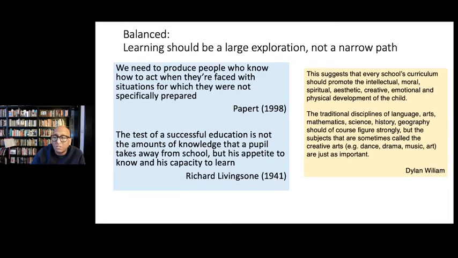This suggests, Dylan Wiliam adds, that every school's curriculum should promote the intellectual, moral, spiritual, aesthetic, creative, emotional, and physical development of the child. The traditional disciplines of language, arts, mathematics, science, history, geography should, of course, figure strongly, but the subjects that are sometimes called the creative arts, dance, drama, music, art, are just as important. And again, I think this takes us to that domain versus the exam performance.